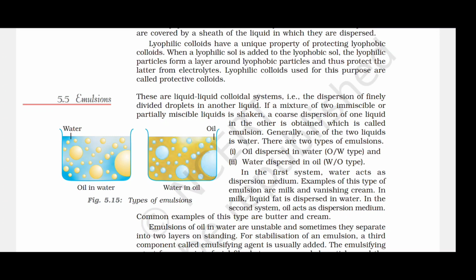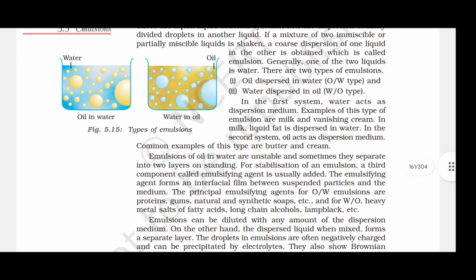In milk, liquid fat is dispersed in water. In the second system, oil acts as a dispersion medium. Common examples of this type are butter and cream. Emulsions of oil in water are unstable, and sometimes they separate into two layers on standing. For stabilization of an emulsion, a third component called emulsifying agent is usually added.